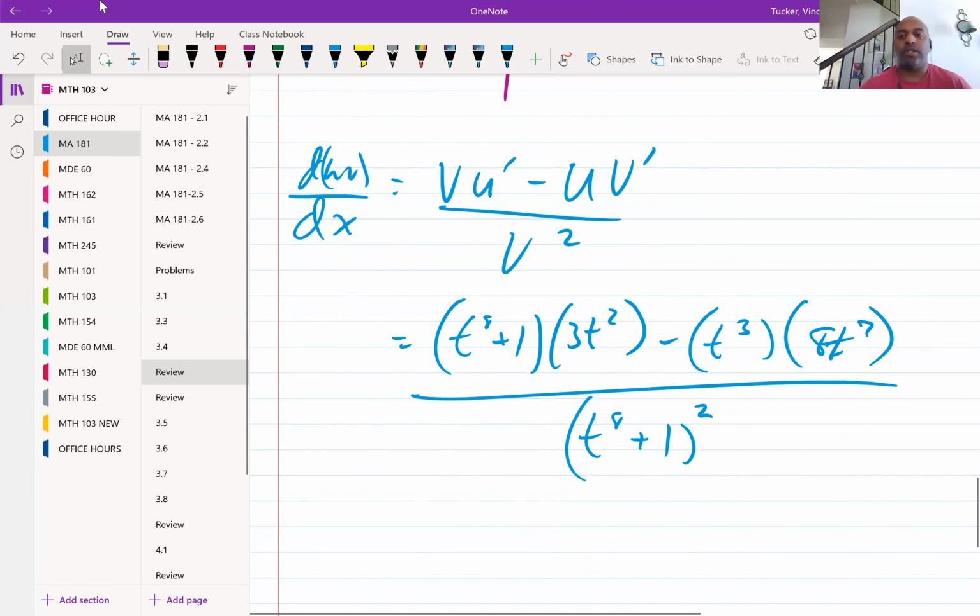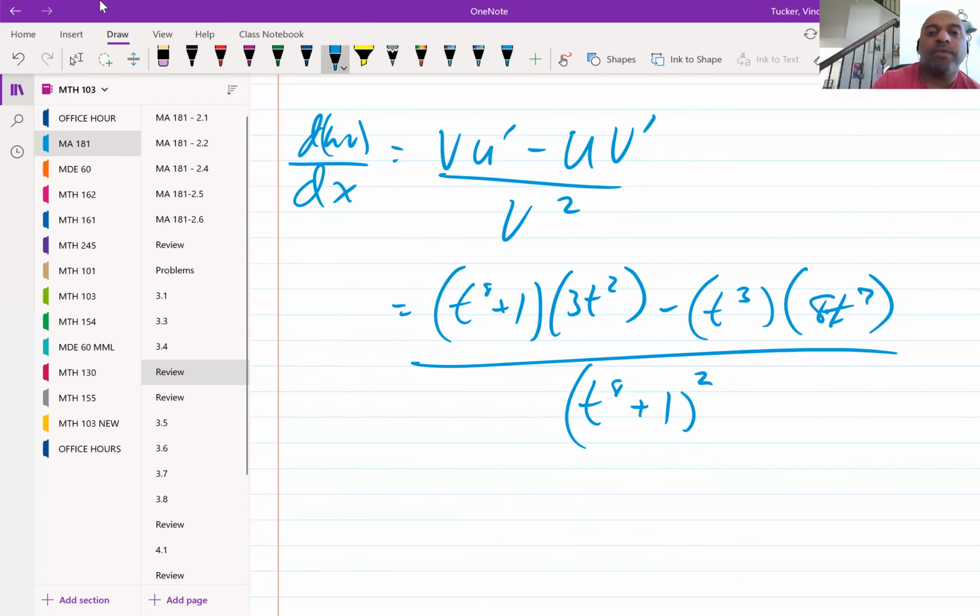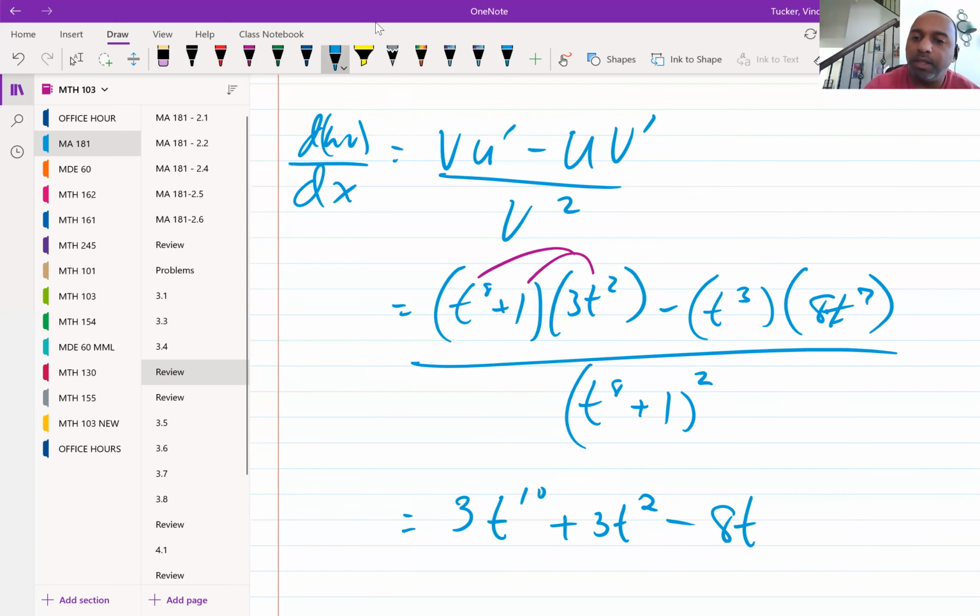So let's go ahead and distribute, simplify if possible. So 3t squared multiplied to each one of these is going to be 3t to the 10th plus 3t squared, minus 8t to the 7th times t cubed, which is 8t to the 10th.